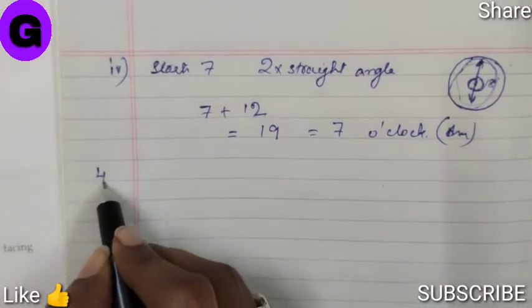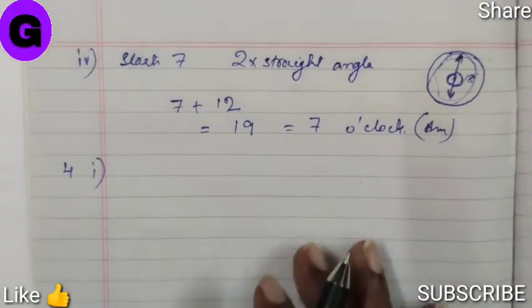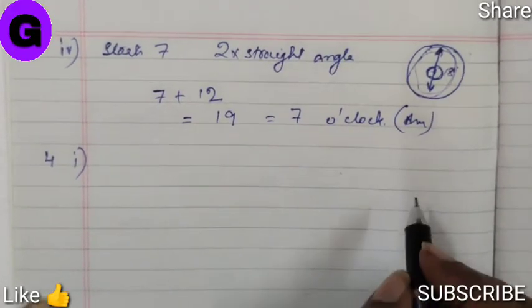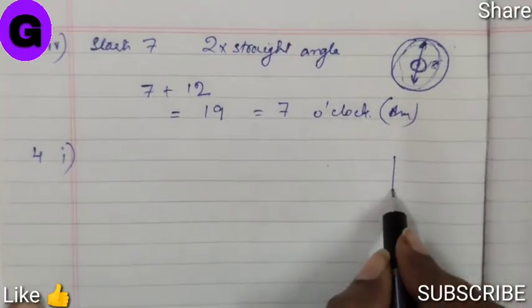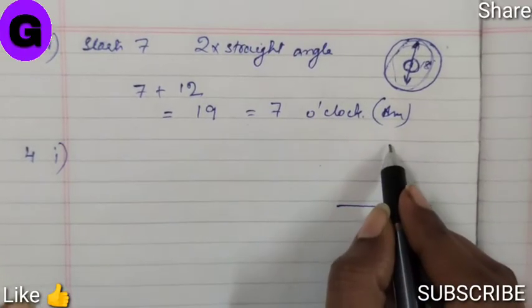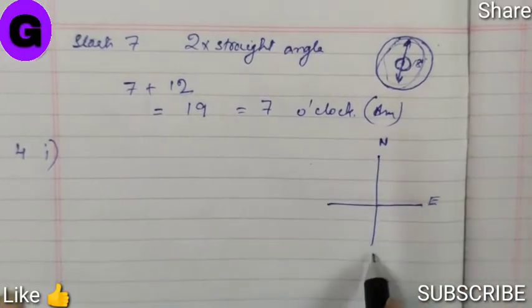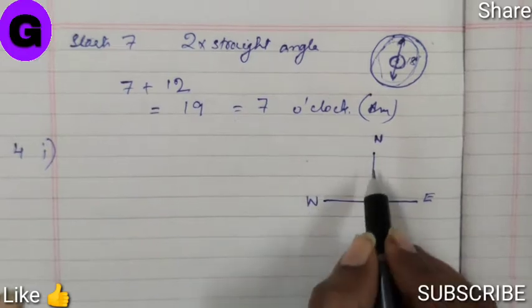Now question number 4, subpart 1. Before proceeding further, let me give you a rough sketch of the directions. This is the direction: north, east, south, west.